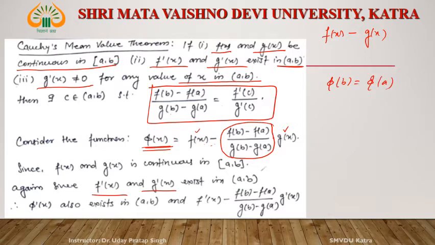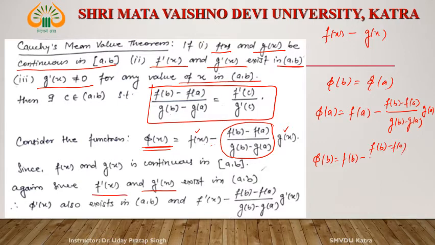Now see, phi(a) is equal to f(a) minus (f(b) minus f(a)) divided by (g(b) minus g(a)) multiplied by g(a), and phi(b) is equal to f(b) minus (f(b) minus f(a)) divided by (g(b) minus g(a)) multiplied by g(b). You can easily verify that phi(a) is equal to phi(b).